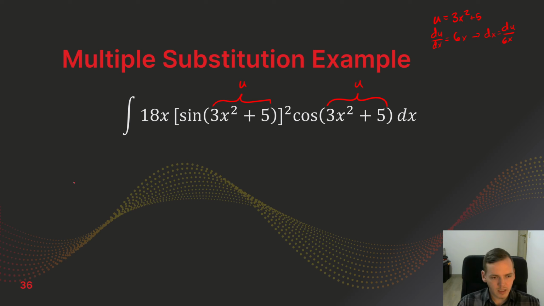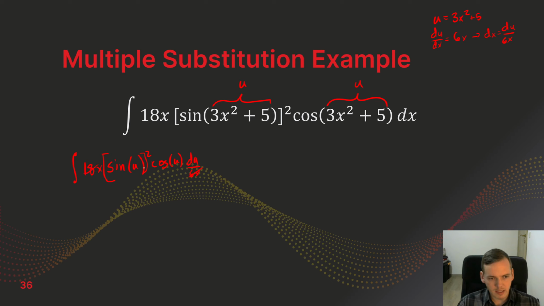So let's plug that in. We get the integral of 18x sine of u squared cosine of u du over 6x.